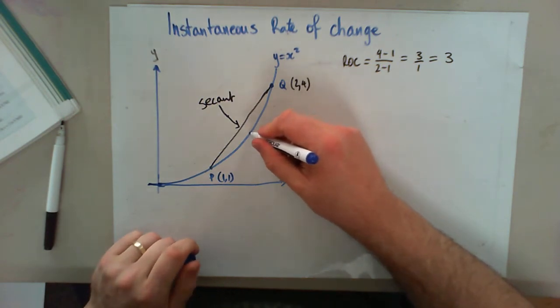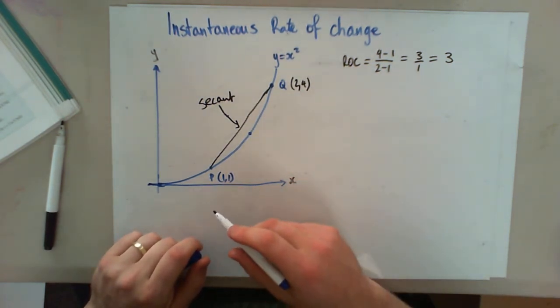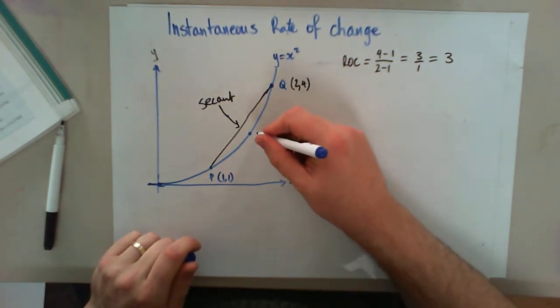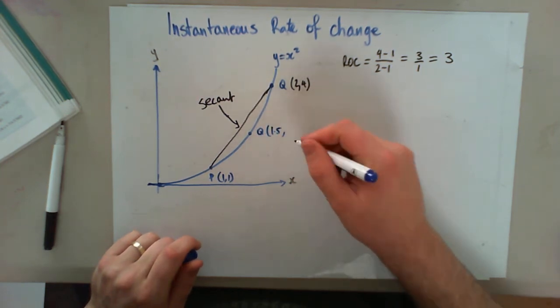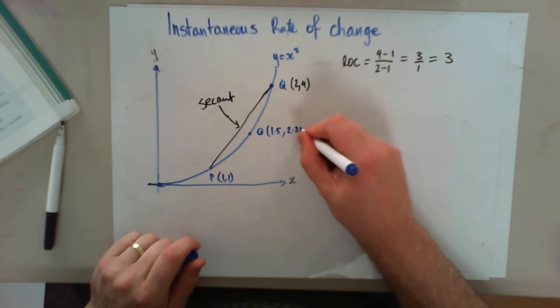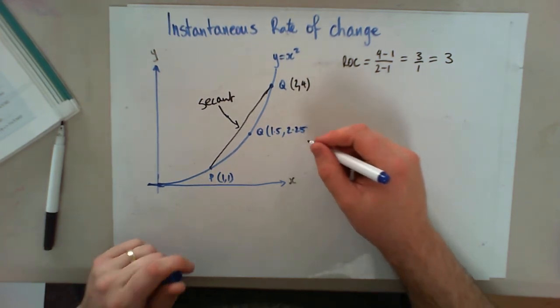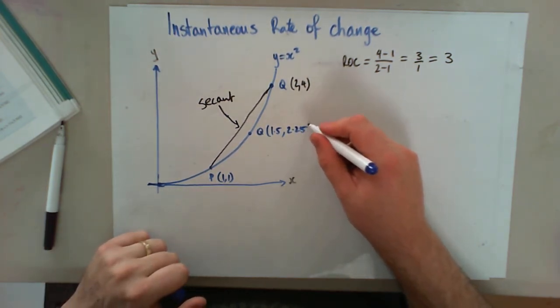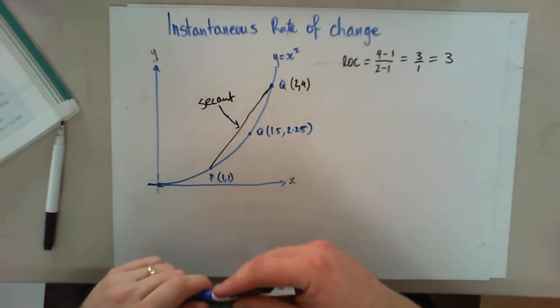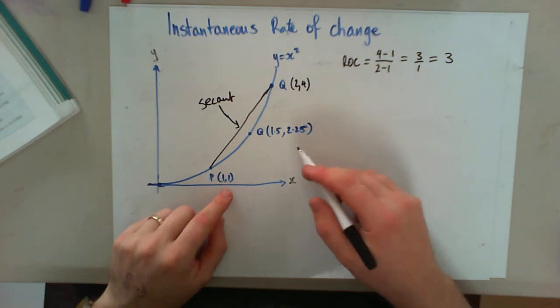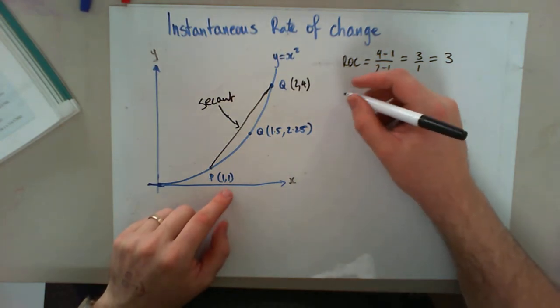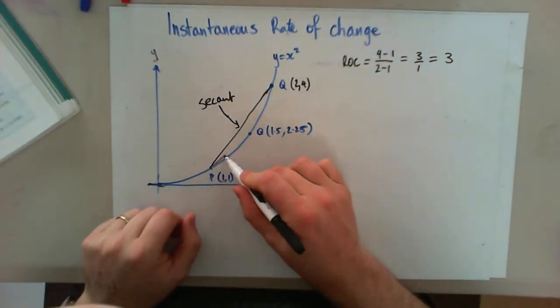But we can make this closer, because we can pick a value in here and make that Q now. That Q might be 1.5, then y would be 2.25. So we can come somewhere in the middle now. We're going to look at our rate of change again for this line.